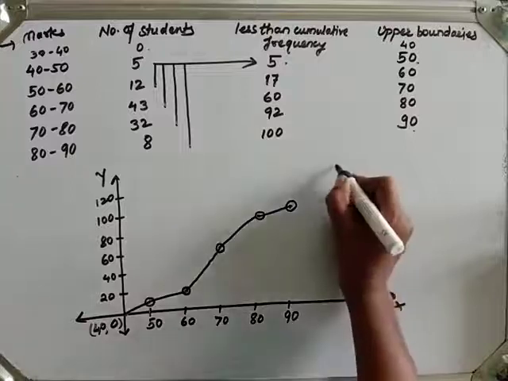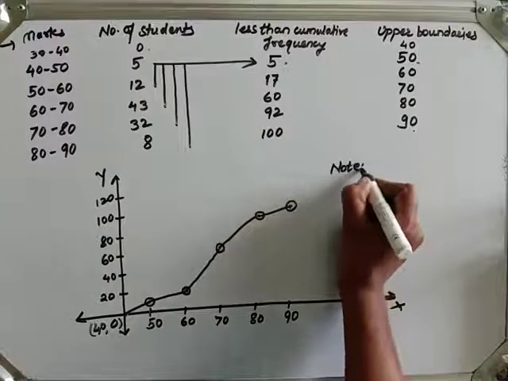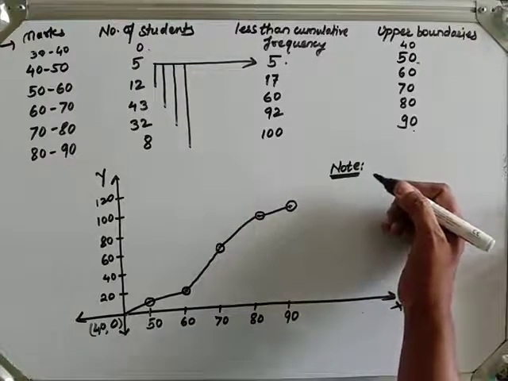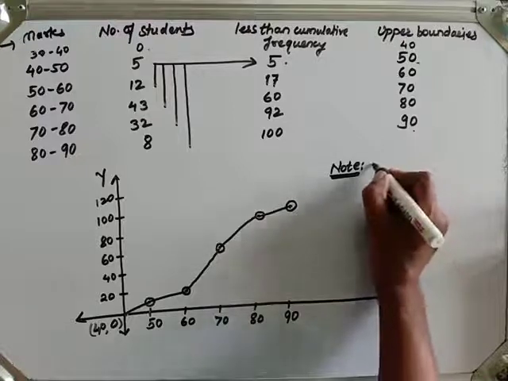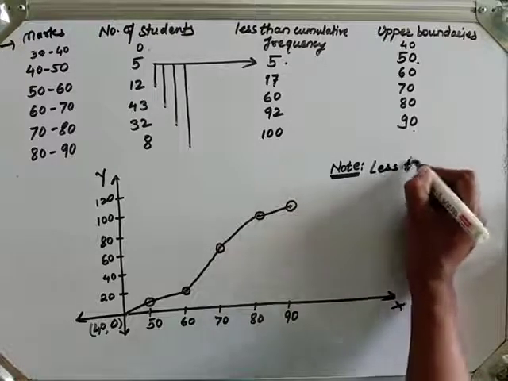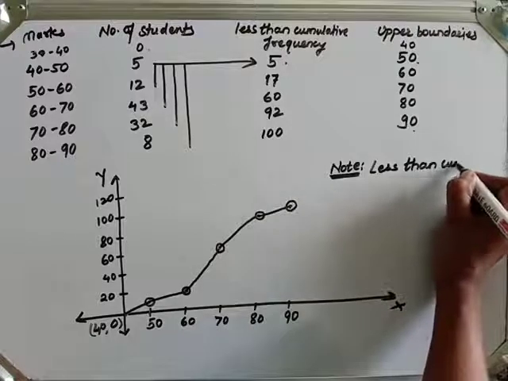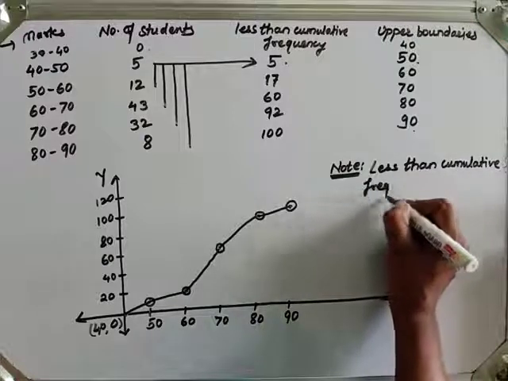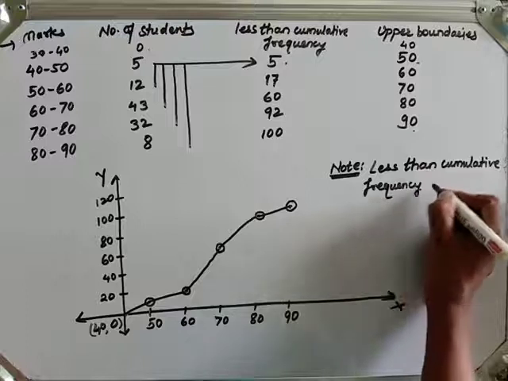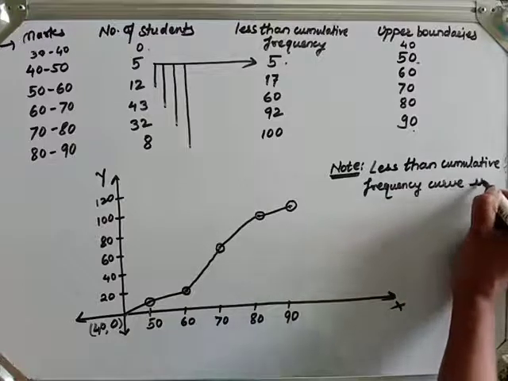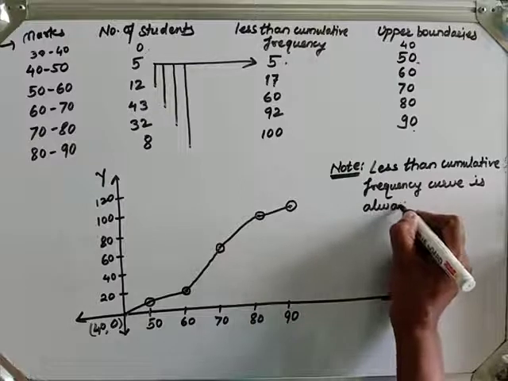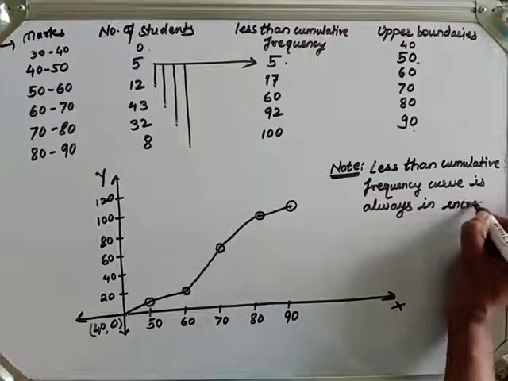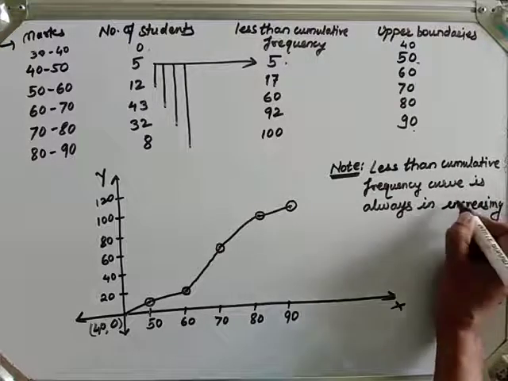Now let me write a note: this less than cumulative frequency curve, or less than Ogive curve, is always in increasing order.